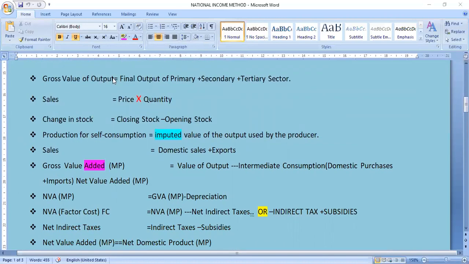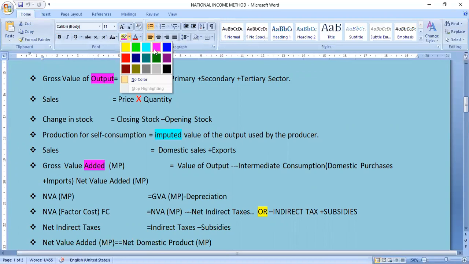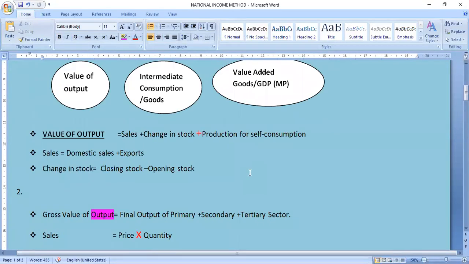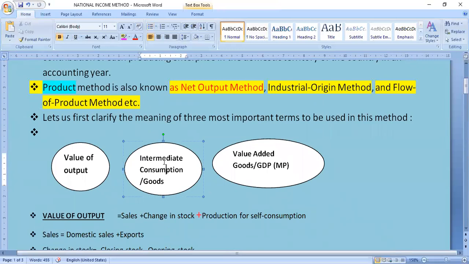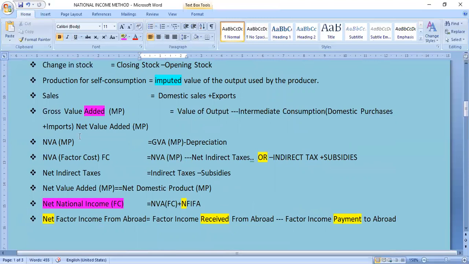Here we have written the output point, but one more point is added. There is a difference between value added and output. Total gross value of output minus IC, intermediate consumption, calculates gross value added.